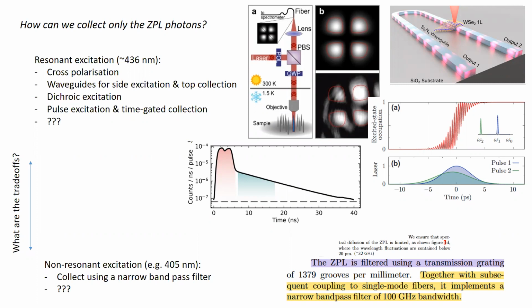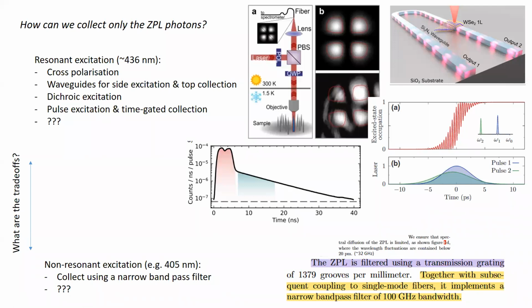Does anyone have any comments on that at this point? I didn't hear what John asked. I guess the question is, if you wanted to employ resonant excitation and you had at hand all of these methods, which one offers the best opportunity to get rid of your laser and only let through your fluorescence? Very well paraphrased.